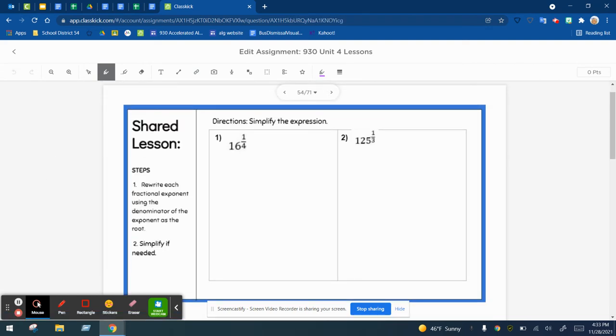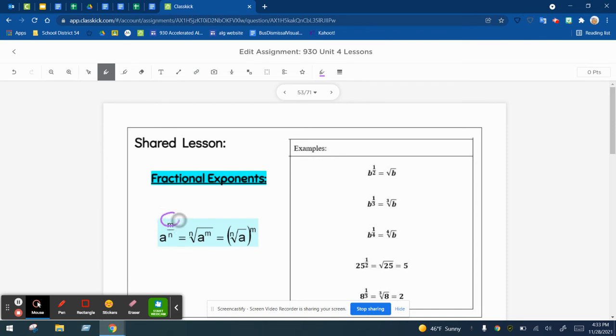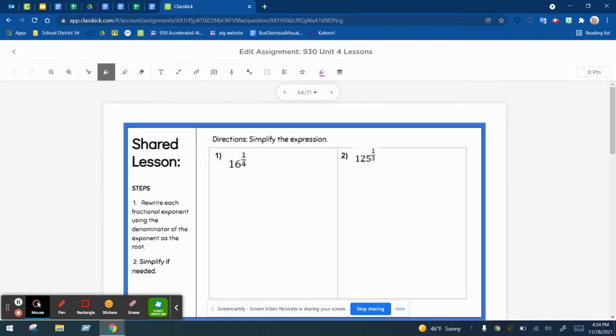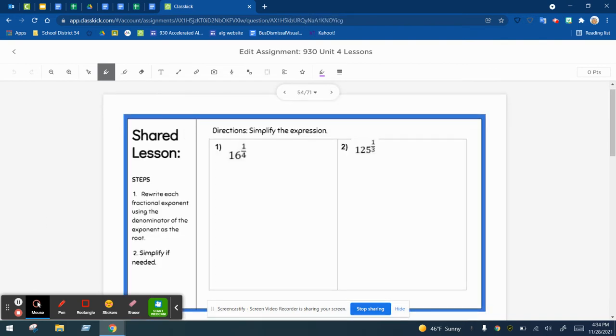So what I do is I take the numerator, that goes to the outside, the denominator becomes the degree of the root. So 16 to the power of 1/4. The 1 goes to the power, stays the power. The 4 goes to the degree of the root.